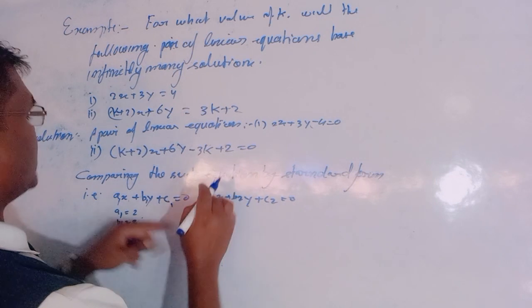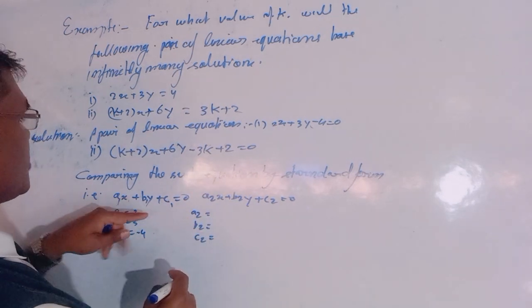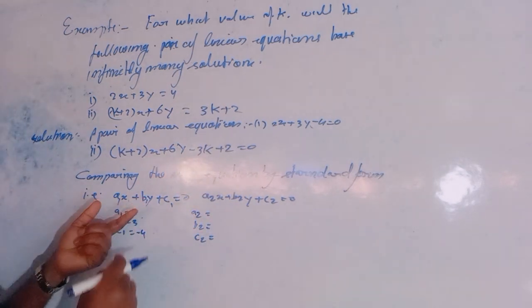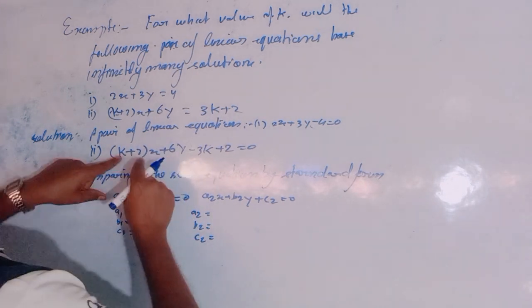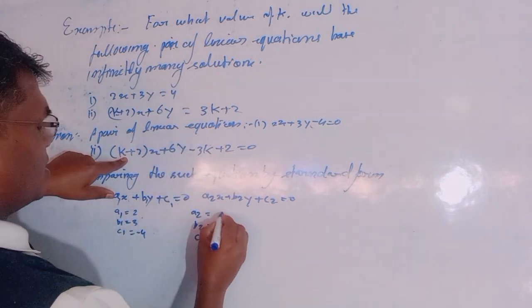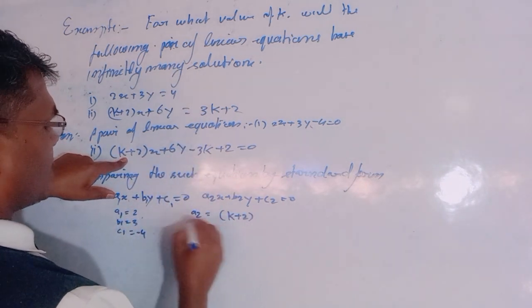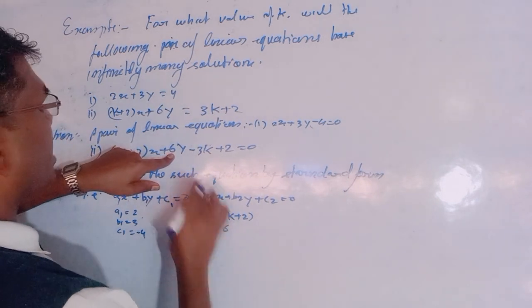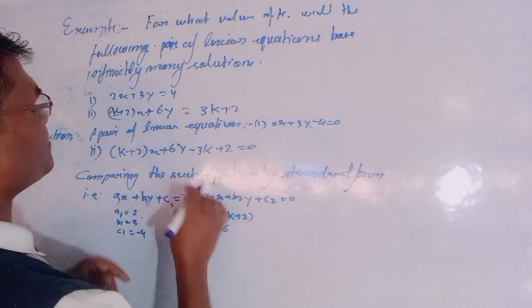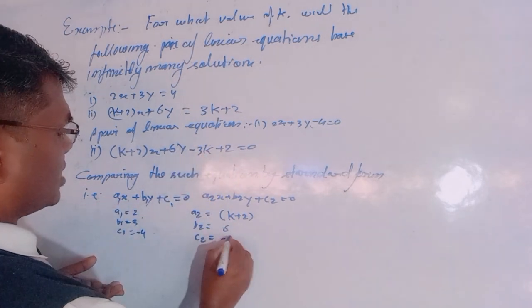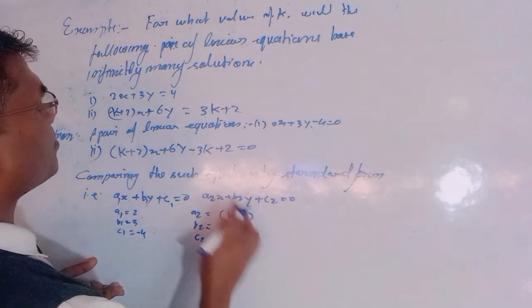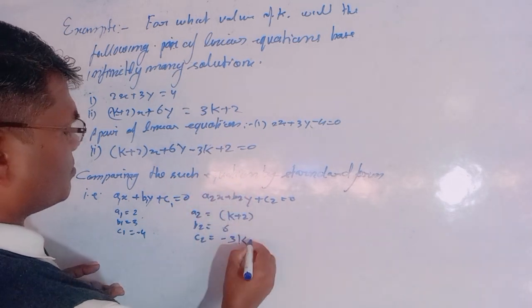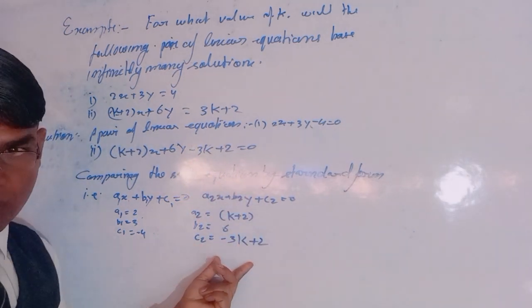Here a2 is k plus 2, b2 is equal to 6 and c2 is minus (3k plus 2). Okay, these are the values.